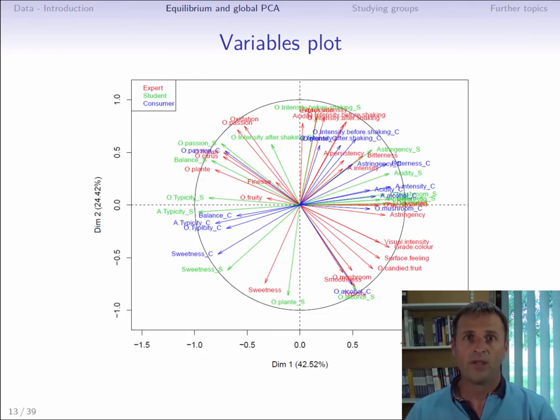The variables plot with a circle of correlations is shown here. The variables were colored according to the group they belong to. In red, the variables used by the experts, with just the name of the descriptor.